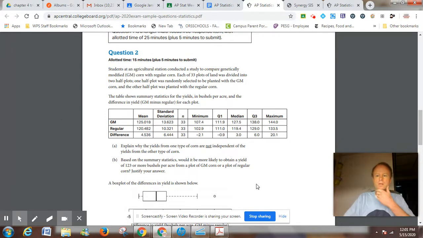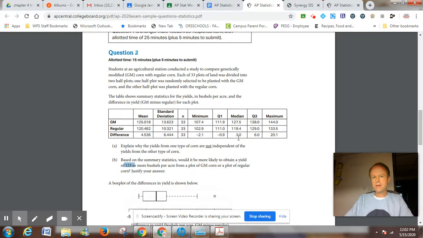So with this one, what we want to do is take a look at these summary statistics. Now I focused in on the medians, and one of the things I noticed is that the median of the genetically modified or GM corn is much higher than the regular corn. And so we're looking at 123 as our cutoff here that they're asking about.